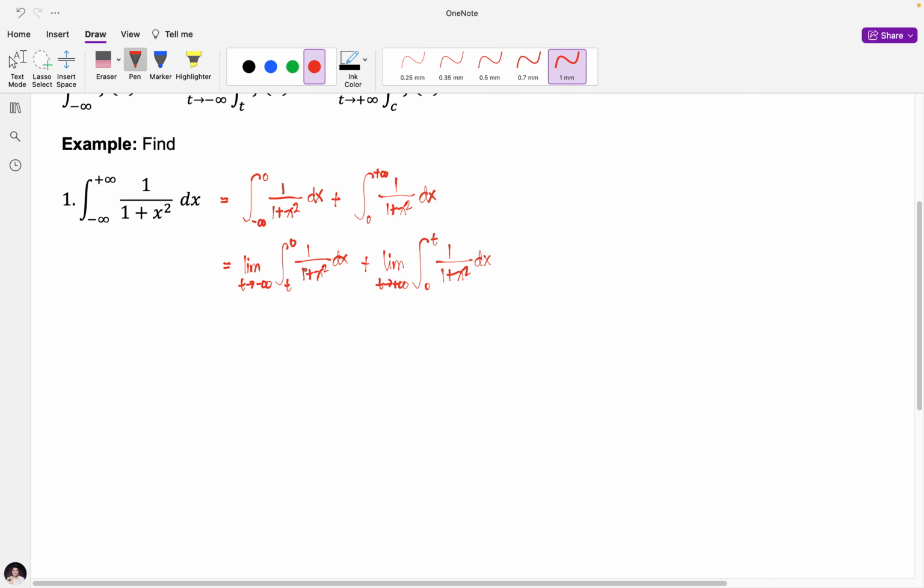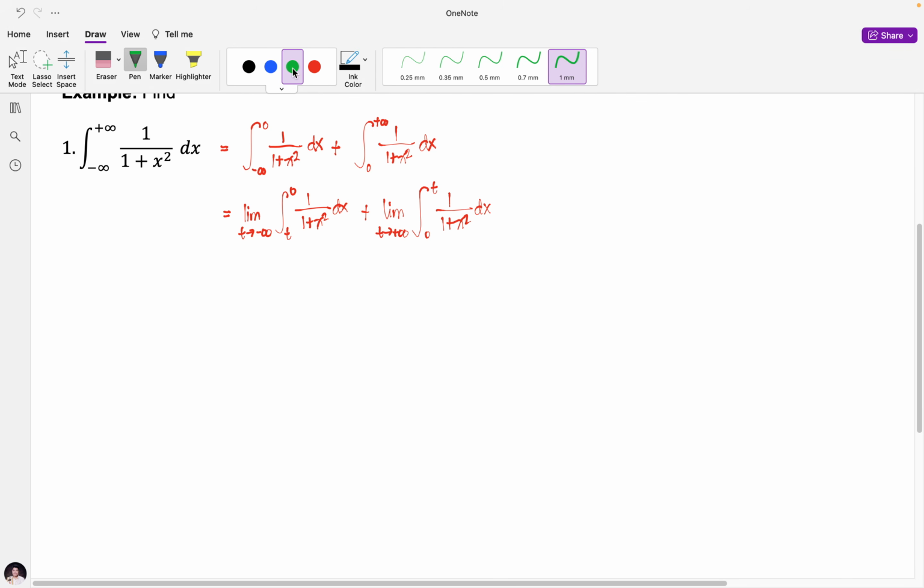So let's solve the given limits separately. The first one, let's try this.